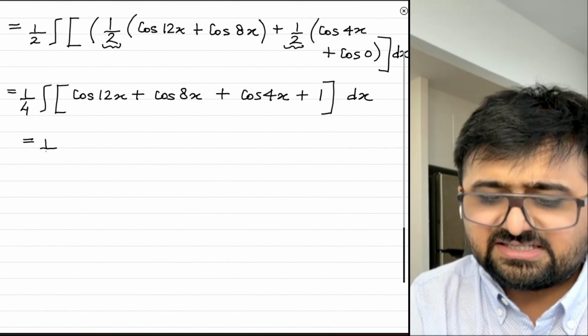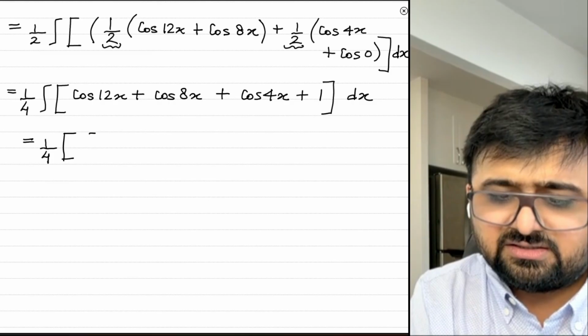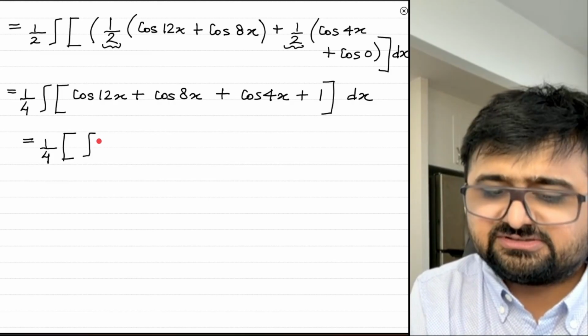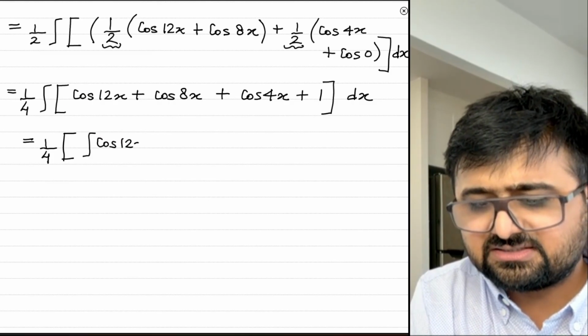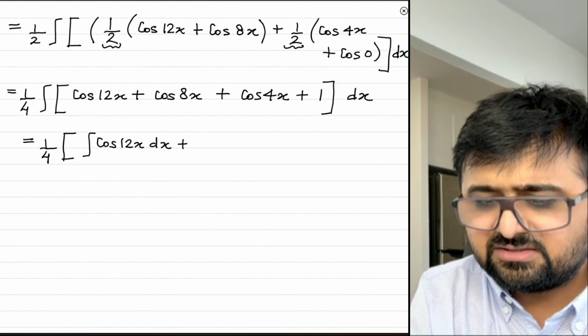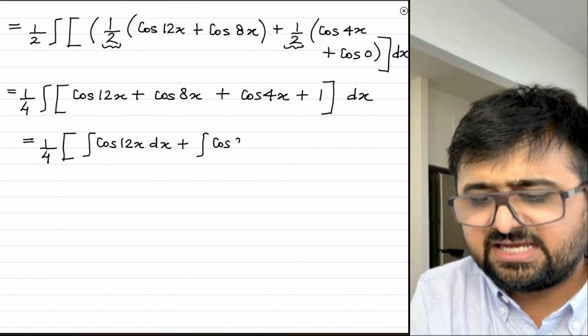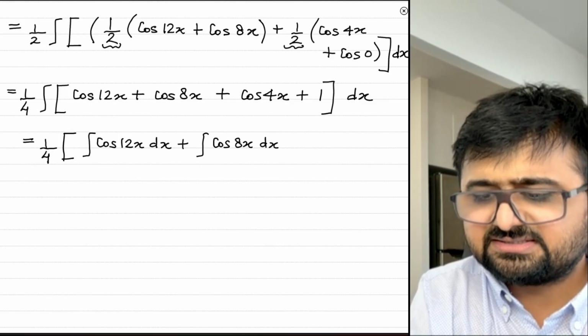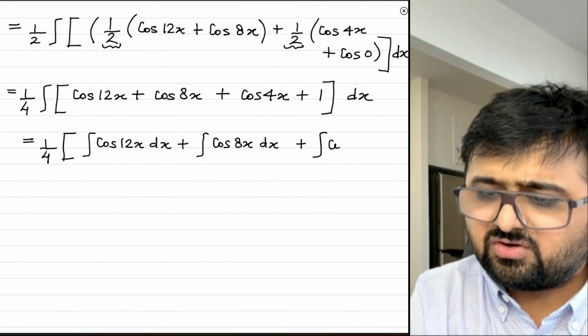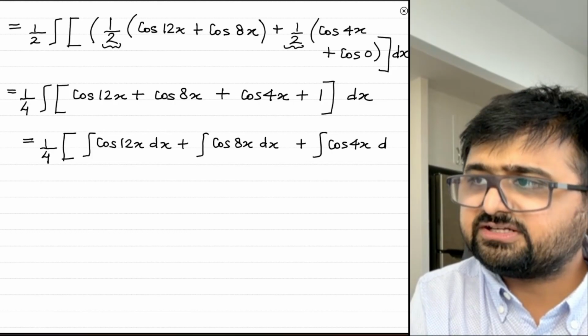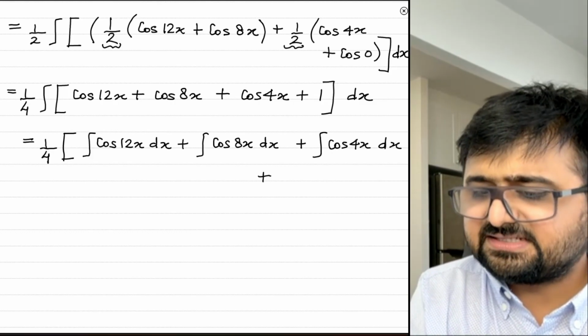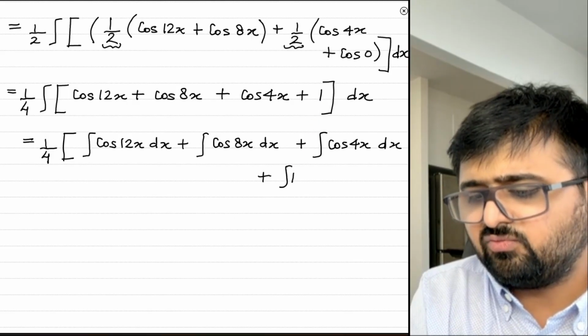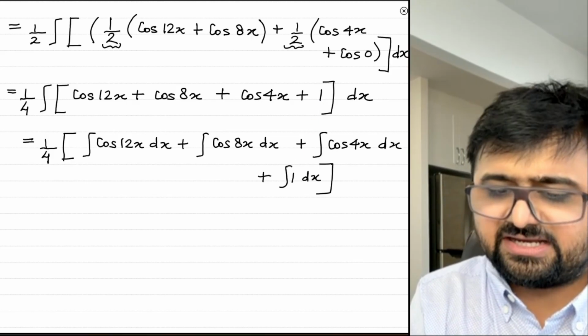So you have basically 1 by 4, open the bracket. Let's give integral to all the terms: integral of cos 12x with respect to x plus integral of cos 8x with respect to x plus integral of cos 4x with respect to x plus integral of 1 with respect to x. Let's close the bracket.